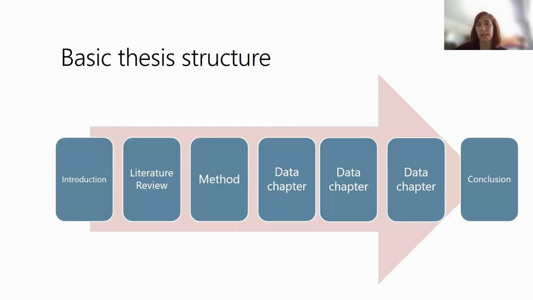Okay, so basic thesis structure. Where are you with this? I have it stated in a couple of different ways, depending on how you think about it. But the basic thing is you're going to have an introduction chapter telling us about the context of the topic, the problem, the issue, the debate, whether or not it's very contentious, whether or not it's a really big problem.